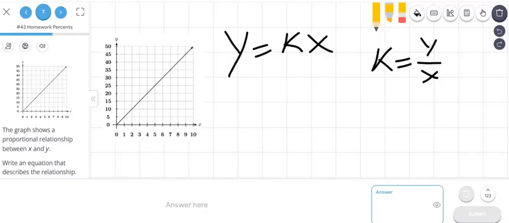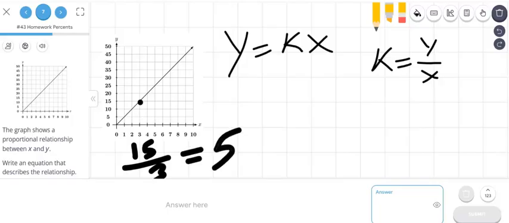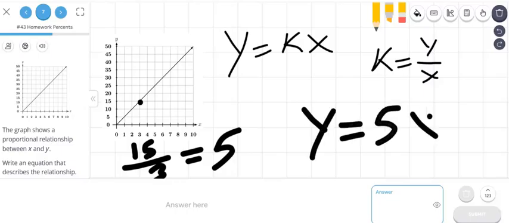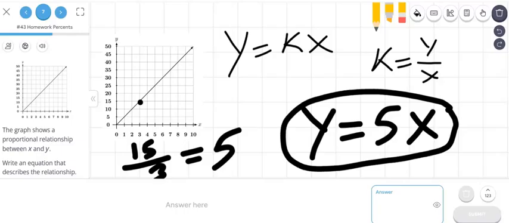Let's say we do this point here. That's going to be 15 over 3, which equals 5. So we get y equals 5x. So this is our equation. So y equals 5x.